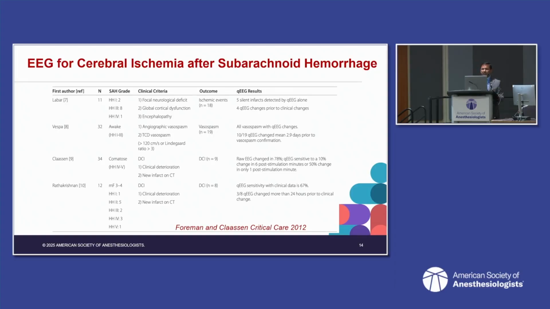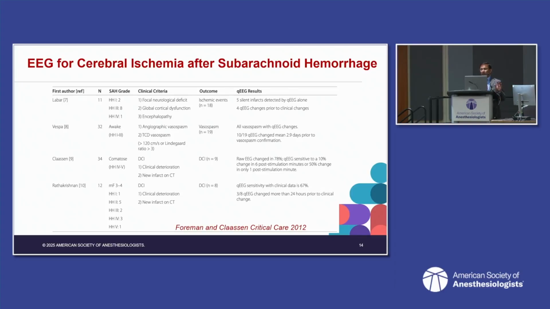These are different studies that looked at various outcome measures. In this one, just all ischemic events, and this one specifically vasospasm, and these are delayed cerebral ischemia events. But EEG, to some extent, was able to provide an early warning for onset of a major ischemic event.